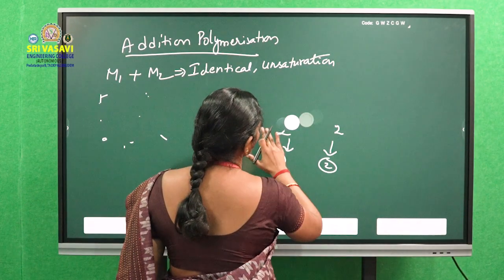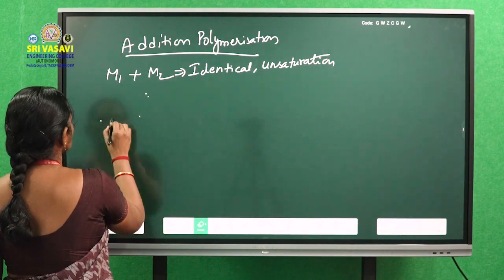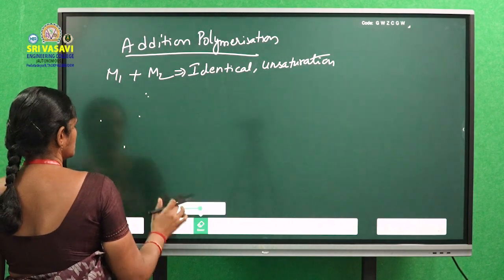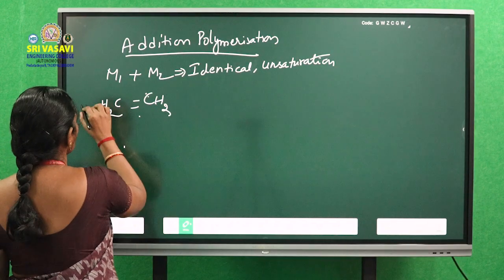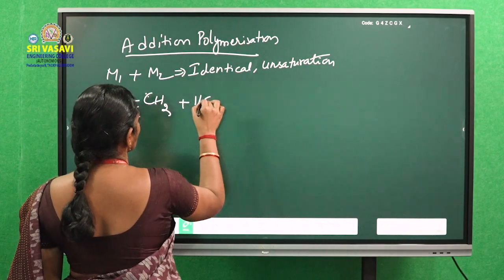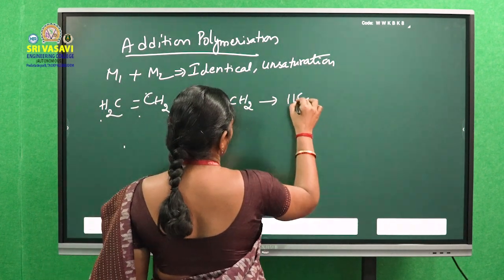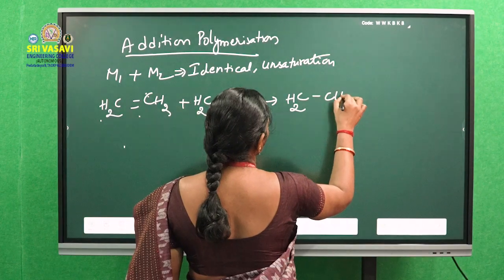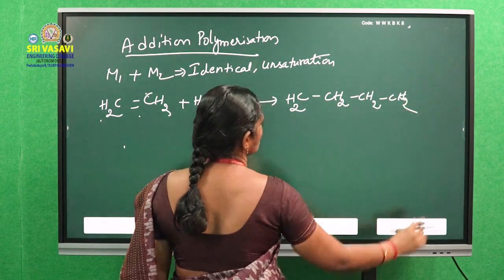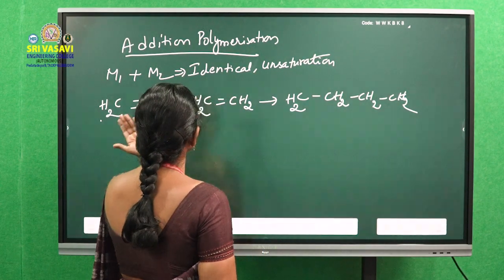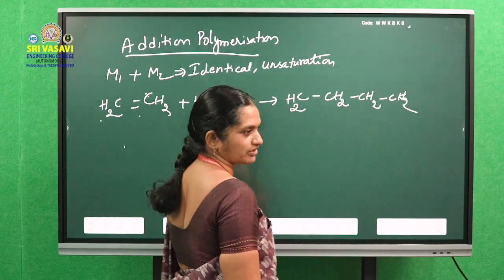I take CH2 double bond CH2 and add it with another monomer, CH2 double bond CH2. According to bifunctionality, you can add on any side. So these are two identical monomers, and we have obtained this polymer.